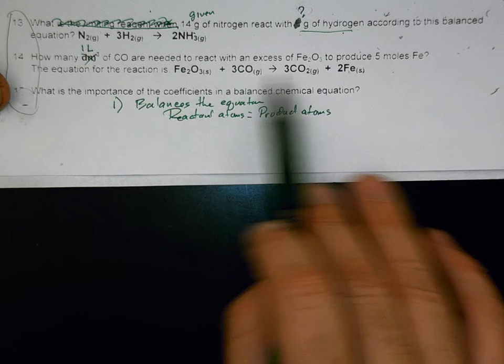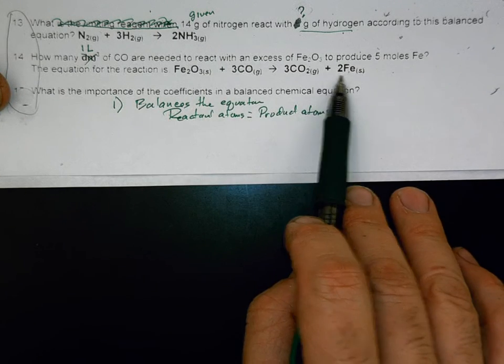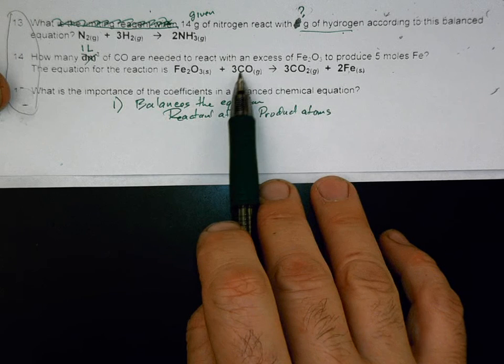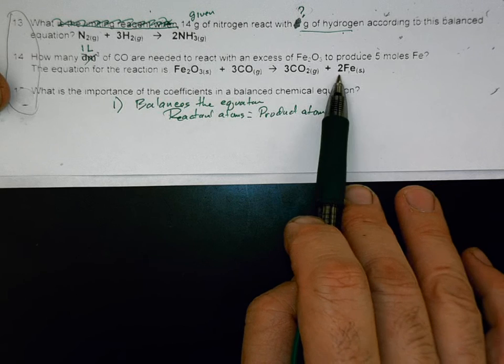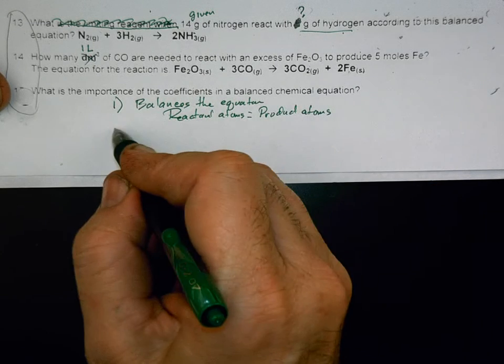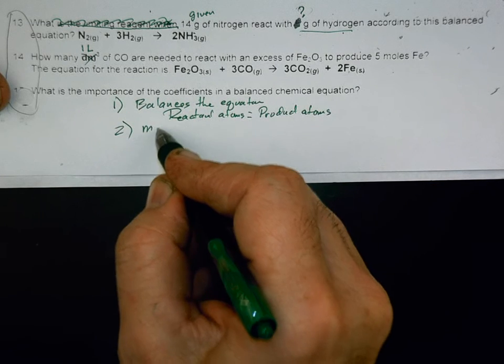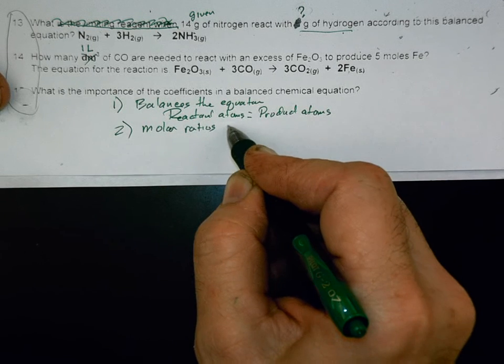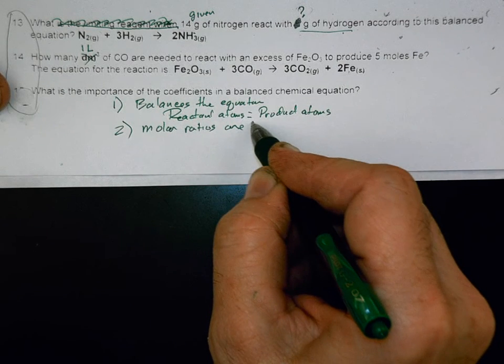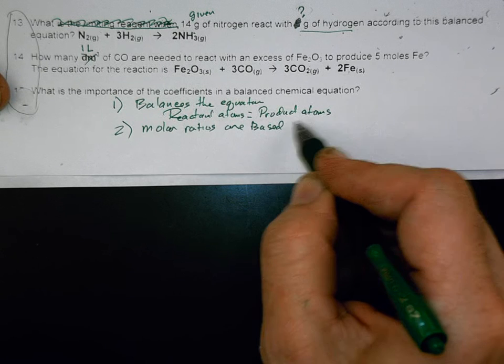These tell us the ratios, the proportions. For every 2 atoms of iron, for every 3 molecules of carbon monoxide in that last problem, we had 2 of these. So they help us set up our molar ratios. Molar ratios are based on the coefficient.